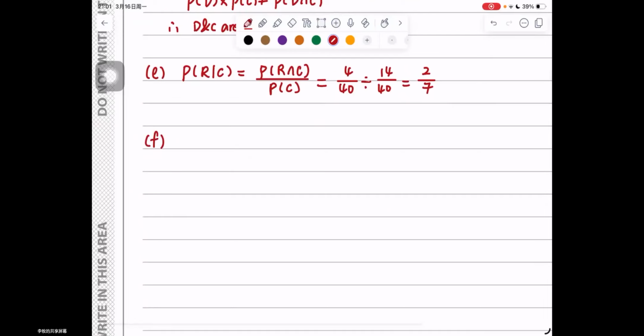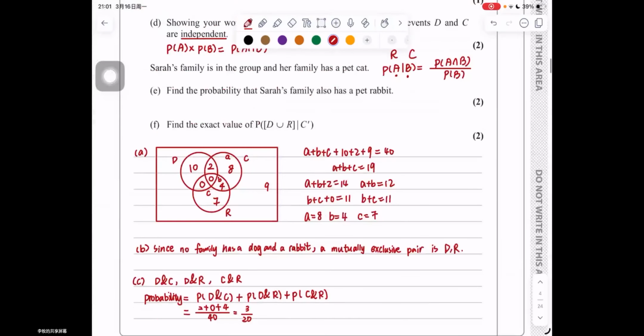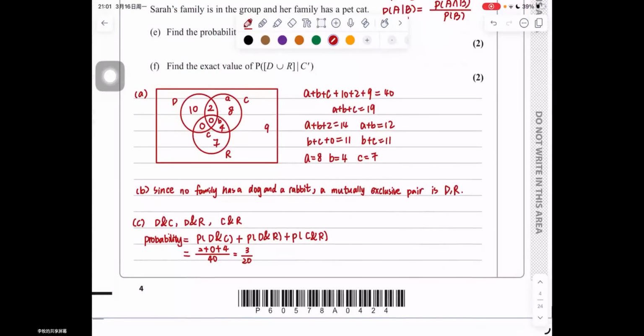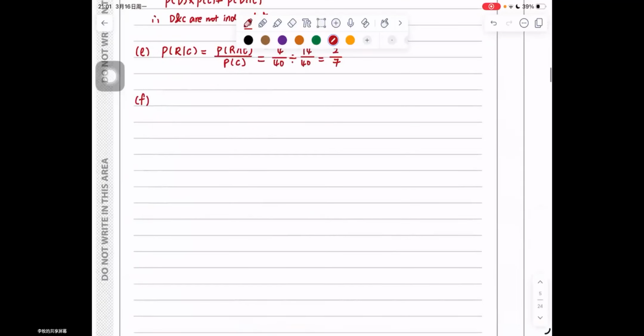All right, the last part, we're going to calculate a little bit complicated probability, okay? But then we see that it's a conditional probability, so we just follow the formula.